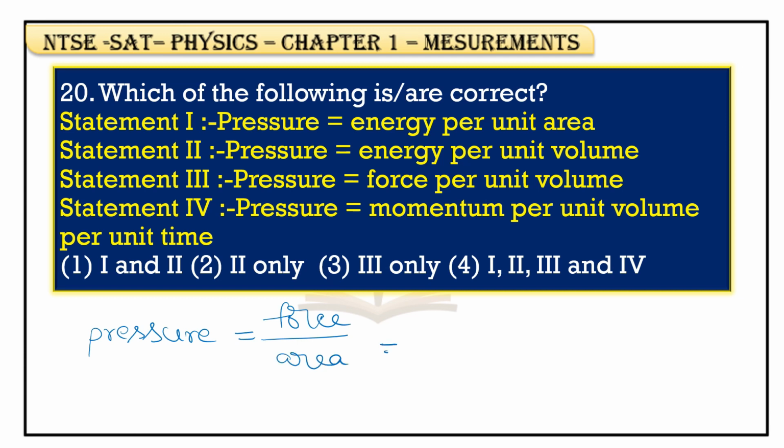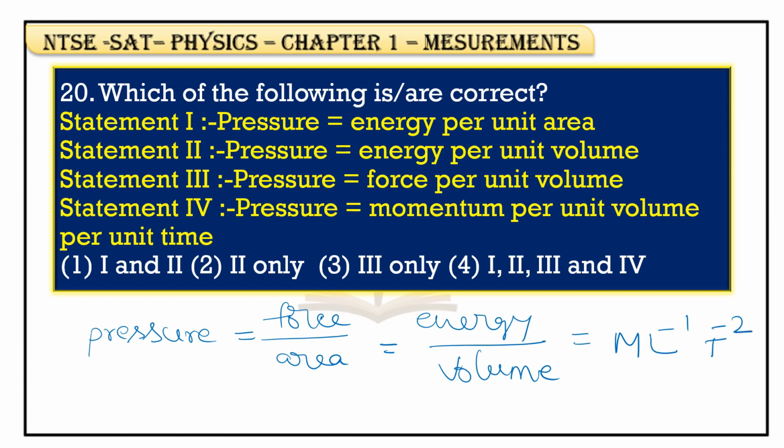So that is equal to energy by volume. The dimension formula for pressure is ML to the power of minus 1 T to the power of minus 2. So second option is correct. Pressure is equal to energy per unit volume. Second option is correct. Okay.